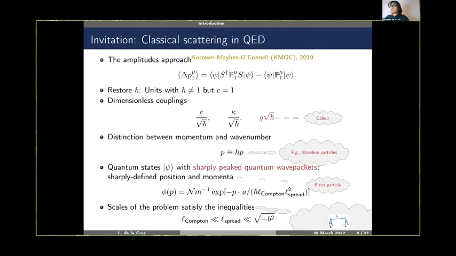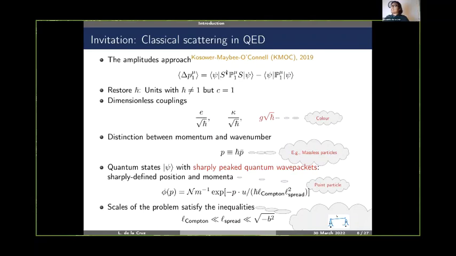The amplitudes approach carries the name of Kosower, Maybee, and O'Connell, and it tells you that to obtain the same quantity, meaning the total change in momentum of particle 1 during the scattering, what I have to do is consider this difference: the difference between the momentum operator of particle 1 evaluated at the initial state, and the evolution of these states with respect to the out states.